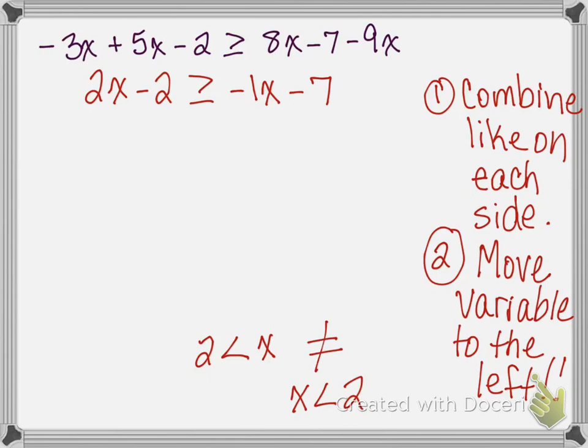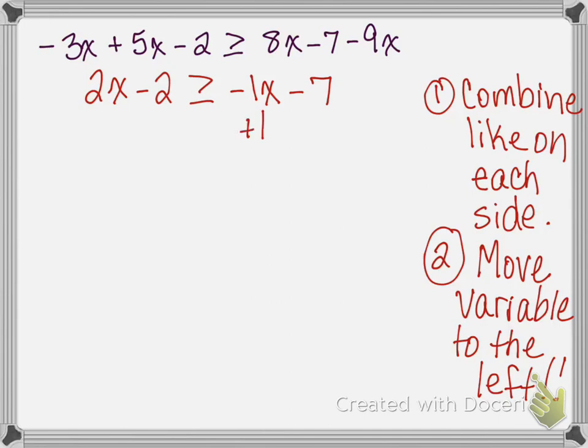Do you see how the greater than sign is facing the x? You would have to rewrite that as x is greater than 2. These two things are equivalent. So you avoid the bottom part if you just move the variable to the left. So if you get into that habit, you're going to be fine.